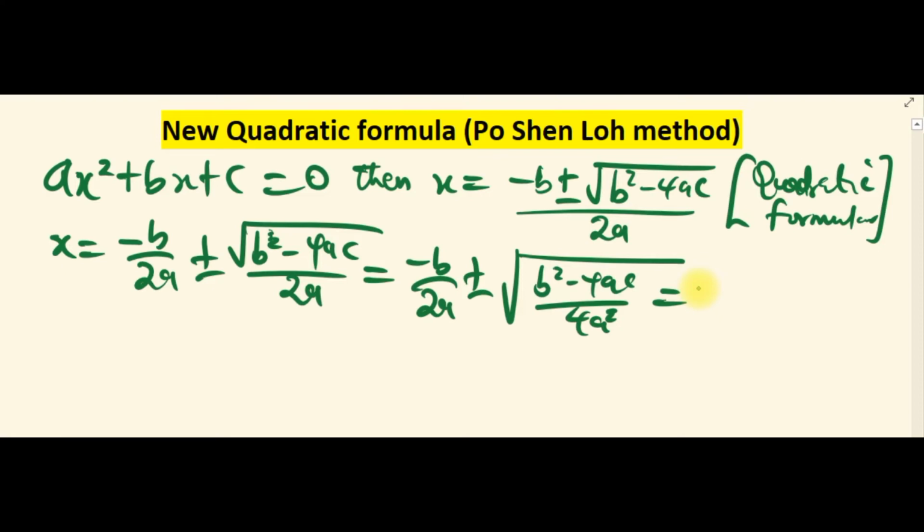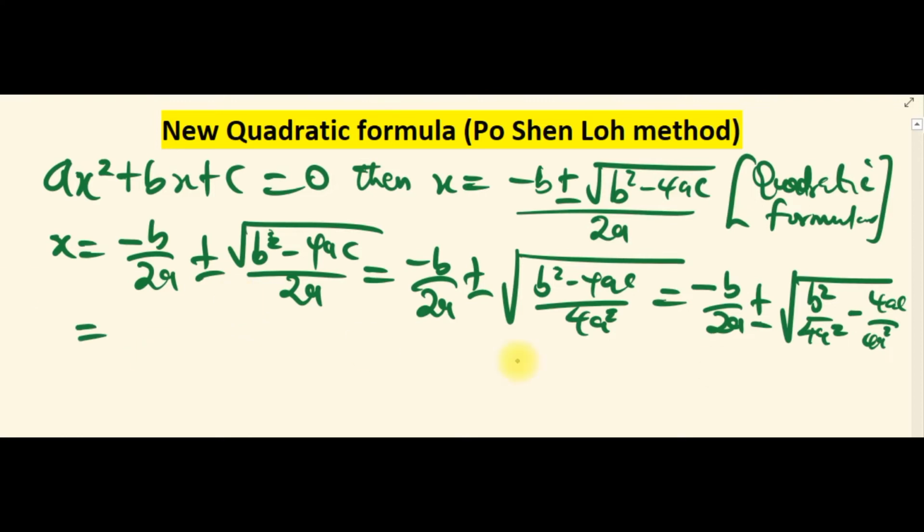So which is minus b over 2a plus or minus square root of b squared, dividing each by 4a squared, b squared over 4a squared minus 4ac over 4a squared.